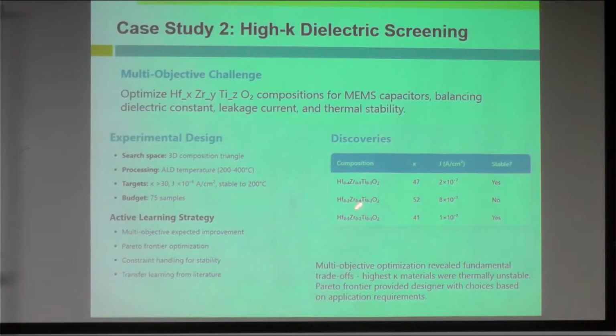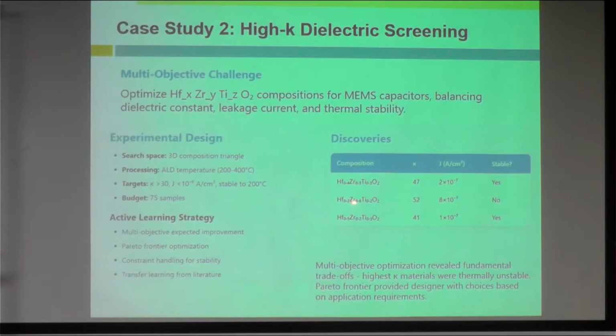Then the discovery is the composition of different Hf, Zr, and TiO3. Here, for example, 0.4, 0.3, and 0.3, you get kappa of 47, and you get a leakage current J of 2 times 10 to the minus 7, for example.